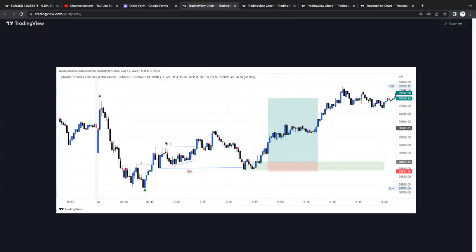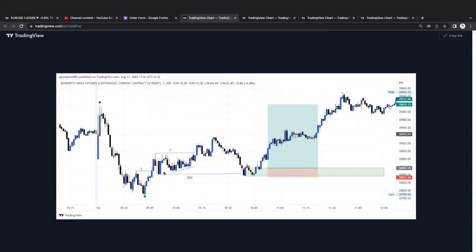All right, so now, okay, structure, inducement. First high break, structure and inducement. Okay. At this point, if you are marking the structure like this, I don't know which side you are marking.